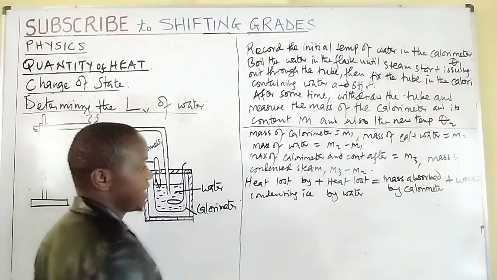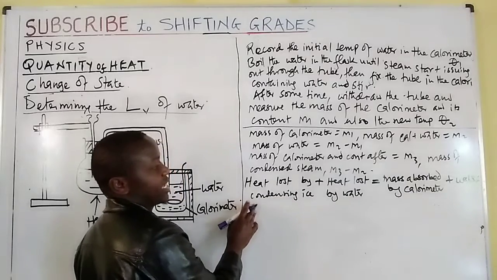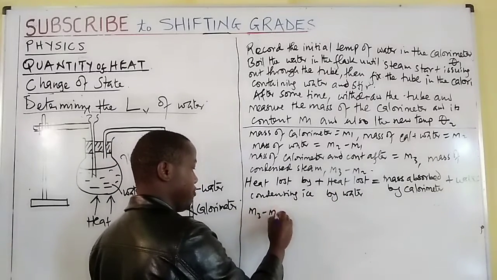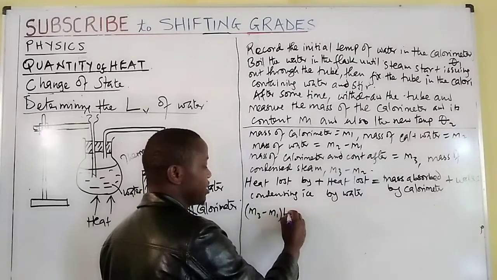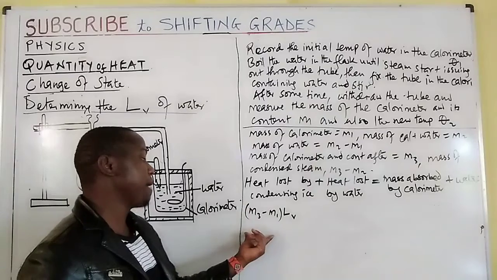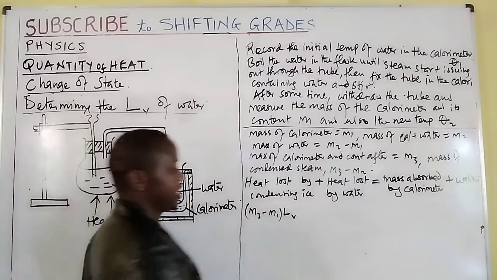There is the mass of condensed steam, which is mass 3 minus mass 2, times latent heat of vaporization. This is happening at a constant temperature, so there is no change in temperature here.